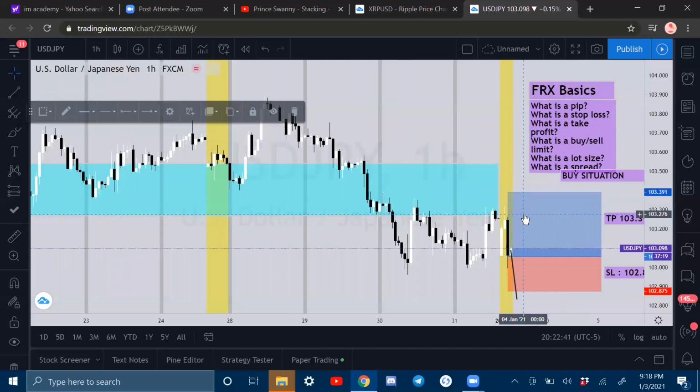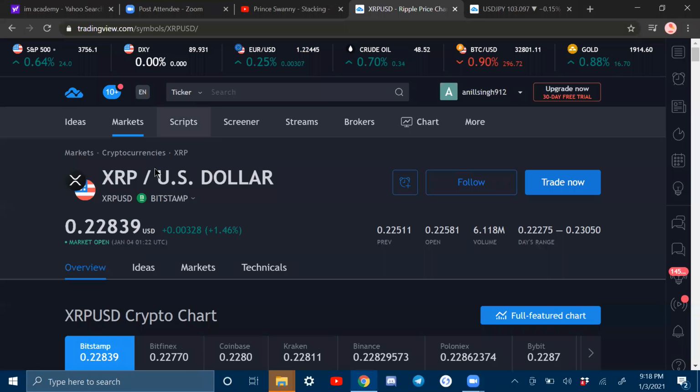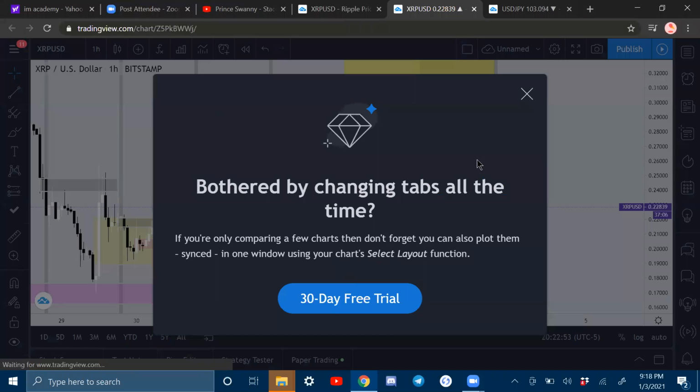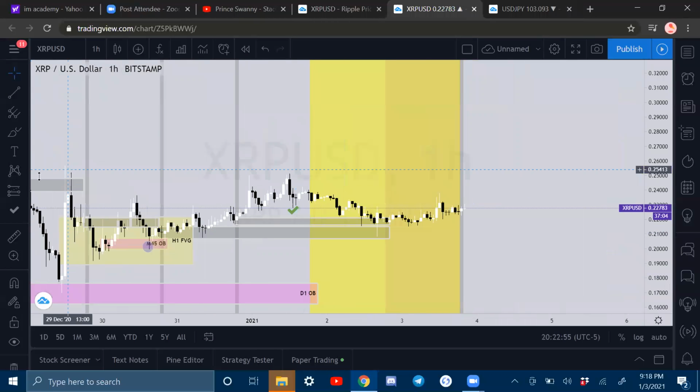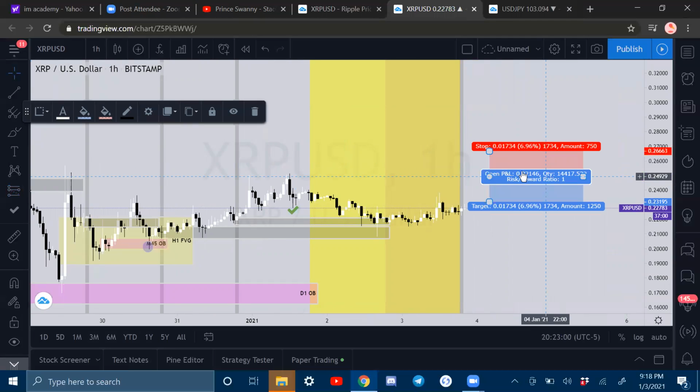Now let's go over what is a buy limit and a sell limit. Let's go to another chart. All right. So for example, let's say I send this trade.